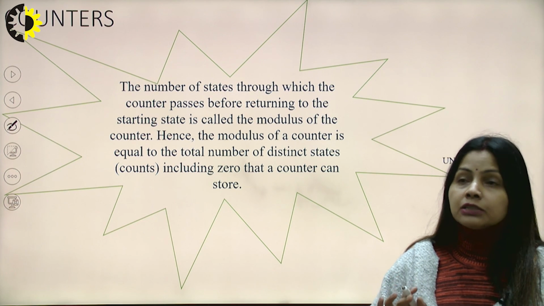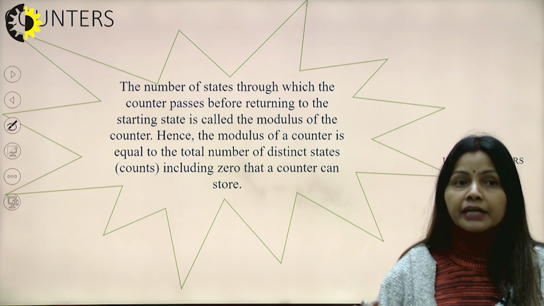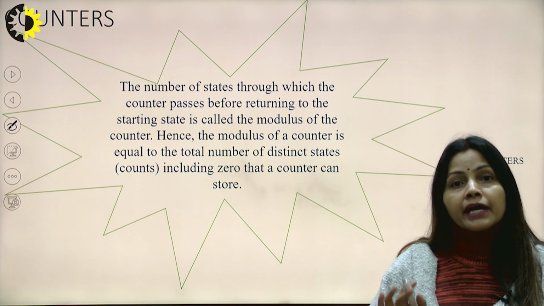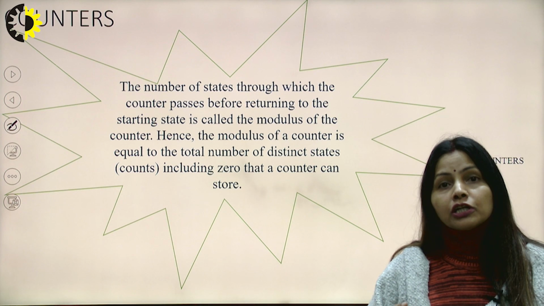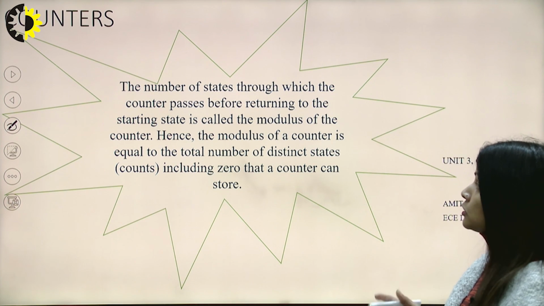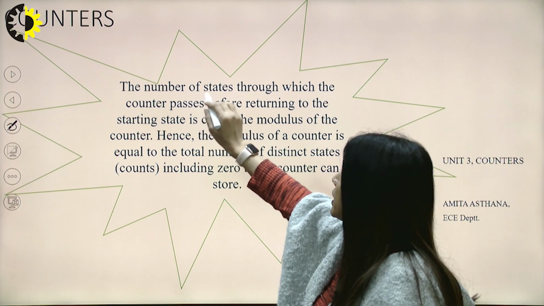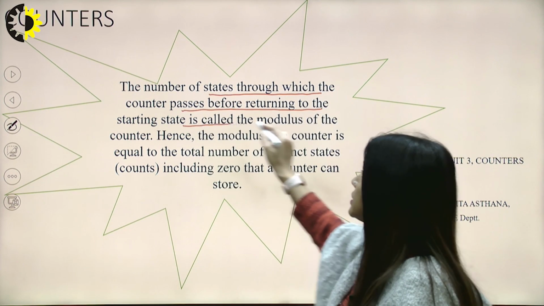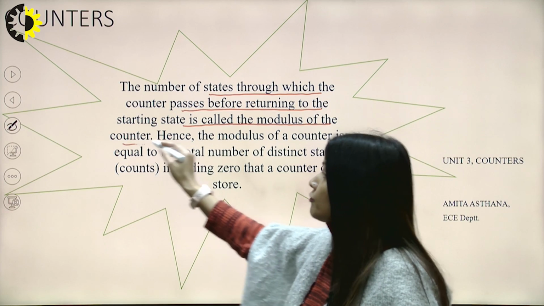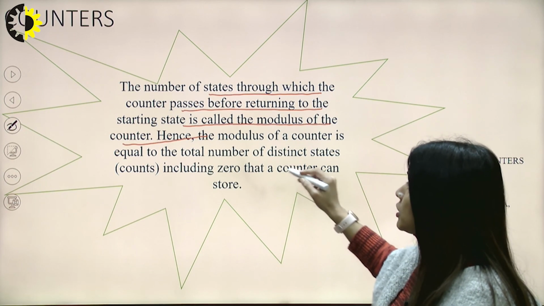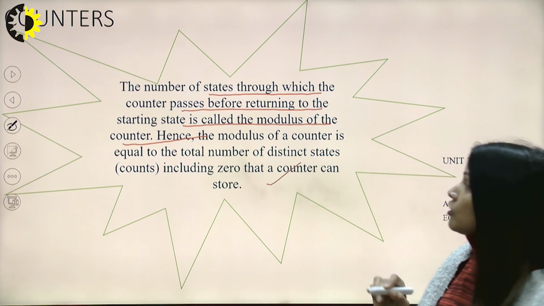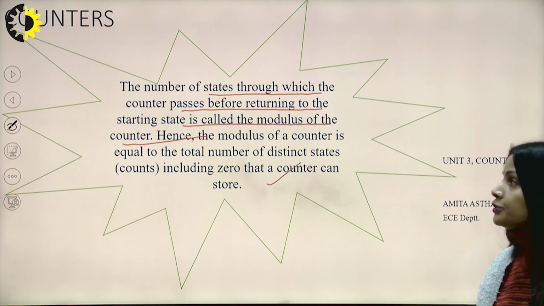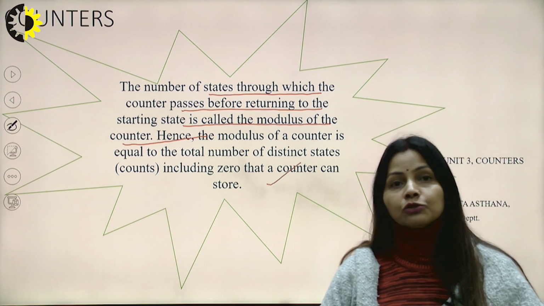So there must be 4 distinct states to say that that is the modulus of the counter. So the modulus of the counter is the total number of distinct states, including 0, that a counter can store. Thank you.